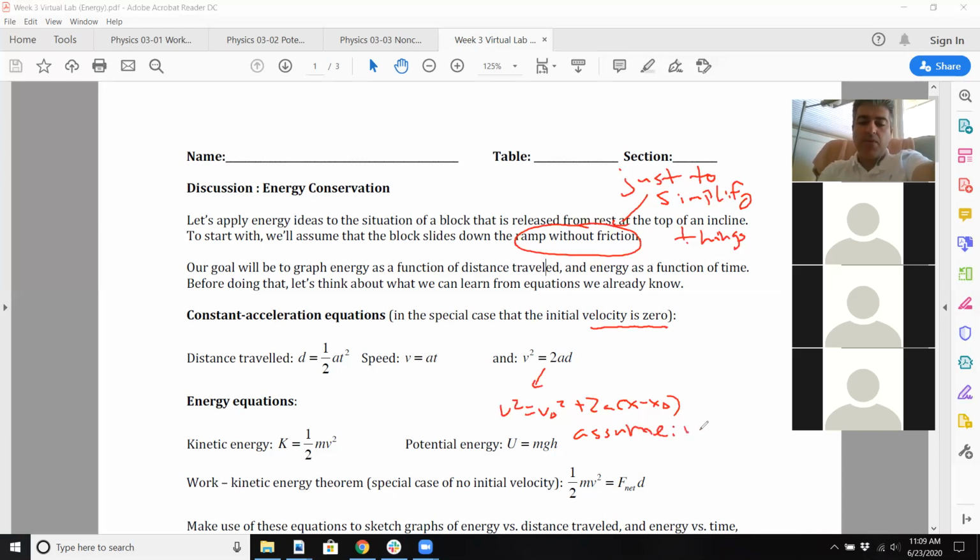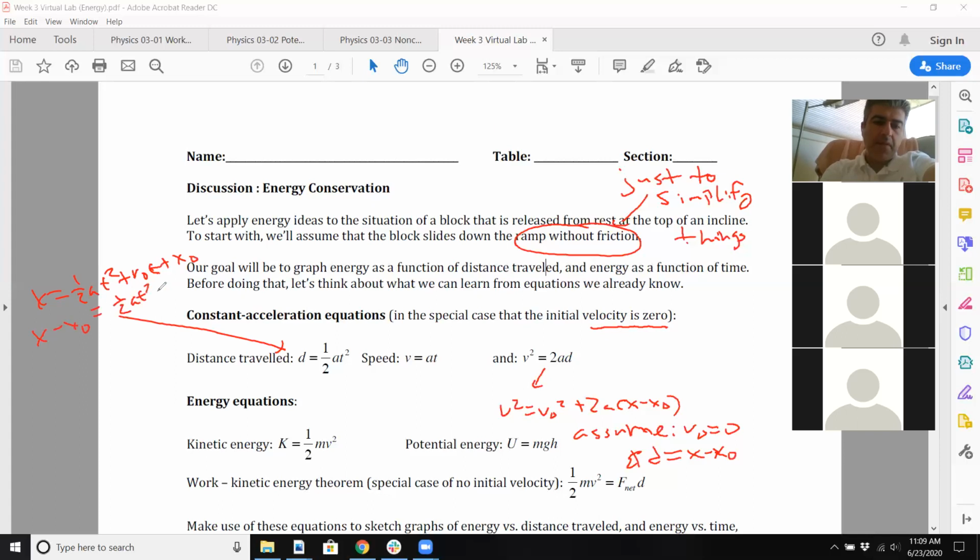So you remember, we assume V0 equals 0. And D is the same thing as x minus x0. Same thing. So that's what's happening in that equation. And of course, this one comes from this. And if you move x and x0 to the other side, remember V0 is 0.